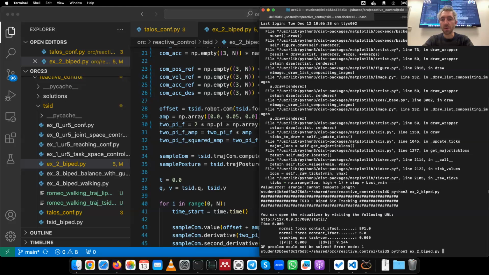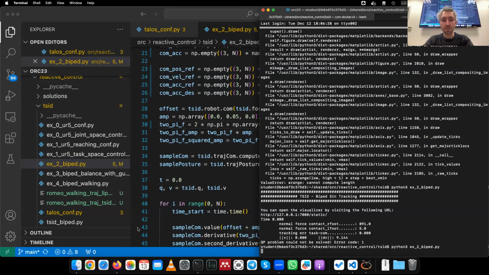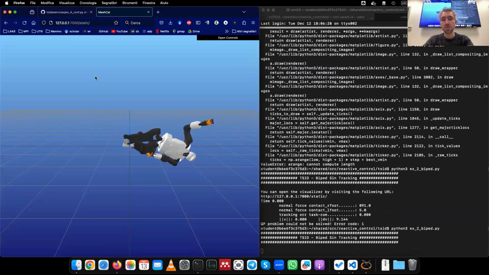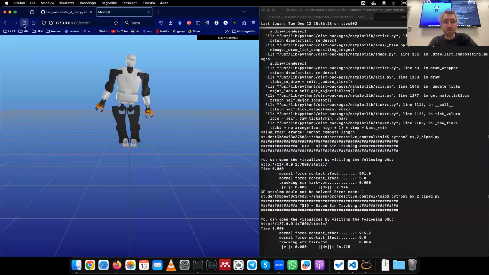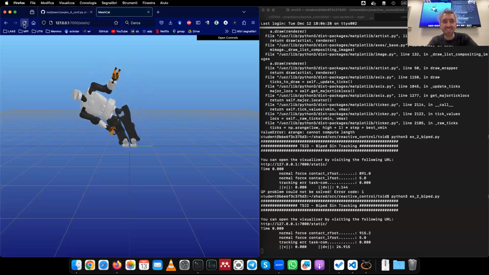Of course, 5 is way too high. So I don't think it's going to be able to track. If you're lucky, it doesn't fall down. I'm not sure we're going to be lucky.